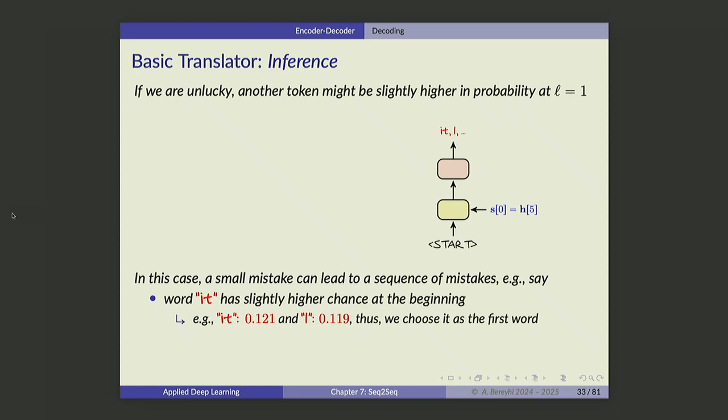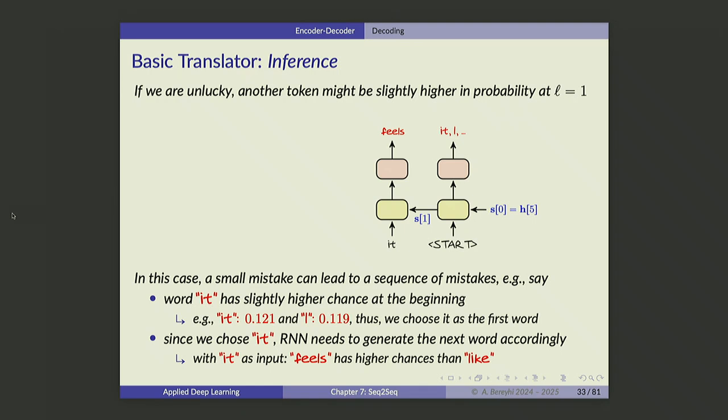Now, if that happens, what are we going to see here? Maybe we sample "it" as the first word, and then we give it as the second input. Now, when you give this word, "it", into the model, what's going to be sampled from your language model? Well, it's going to say, OK, I said "it".